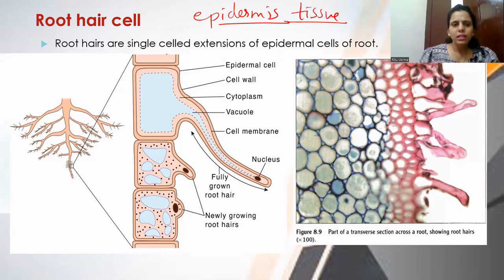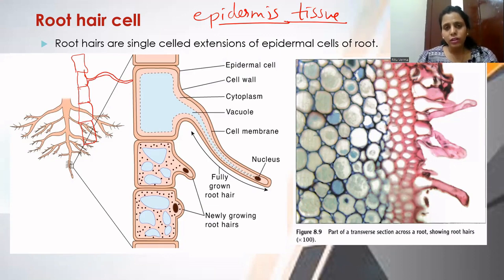Similarly, all the roots are also covered with epidermal tissue. The external surface of all the roots is covered with epidermal tissue. This entire epidermal layer is made up of cells. Out of all these cells, only a few have a very thin thread-like or finger-like extension.